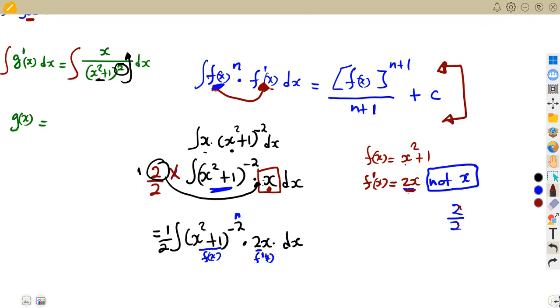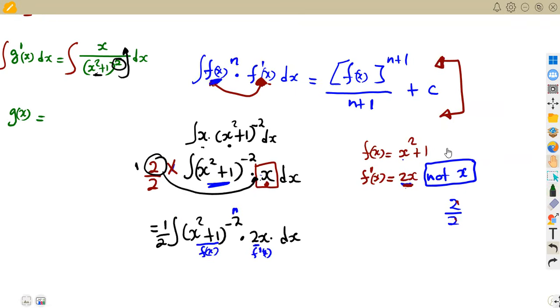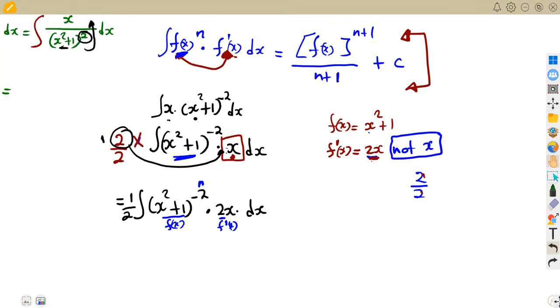So on this part, we are going to simply take 1 over 2, which is not even affected. It's not part of our question. We are worried about what is inside the integral. So our answer is supposed to be f of x, whereby our f of x is the bracket x squared plus 1. So we are going to have x squared plus 1 to the exponent of n plus 1.